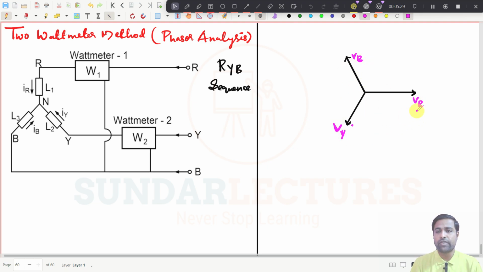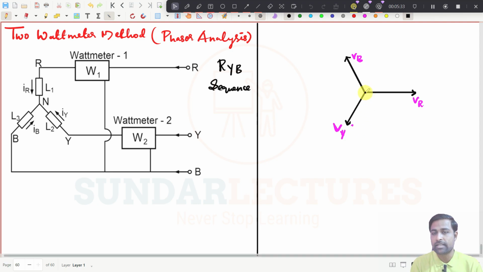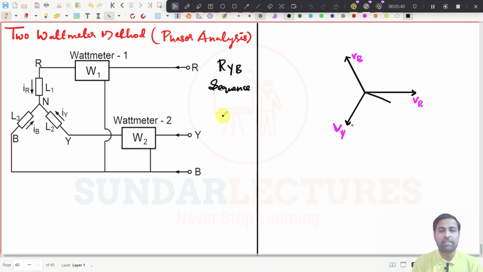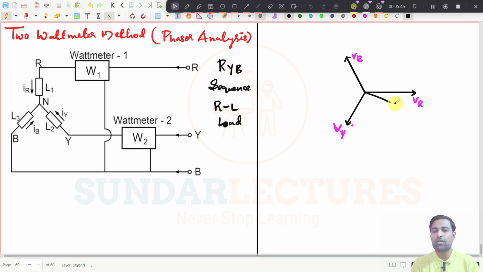And now I am going to draw the currents. Maybe I will take an RL load. If it is an RL load, then the current IR will lag by some angle. This is IR, and what is this one? This is phi.